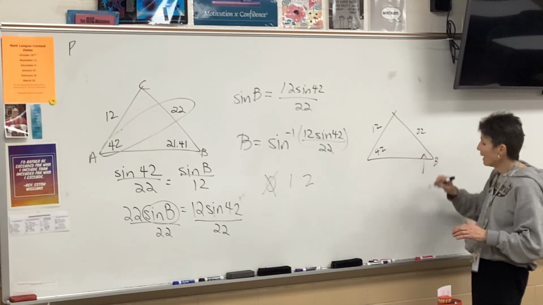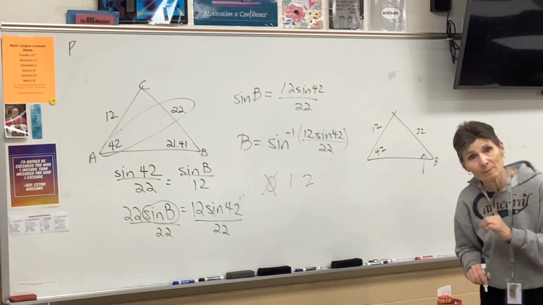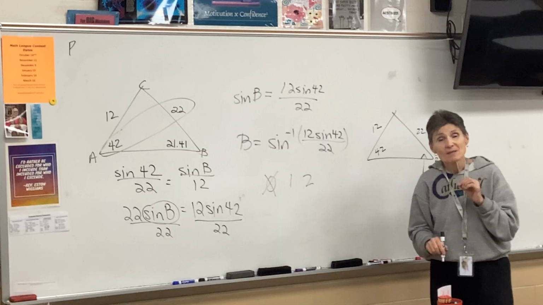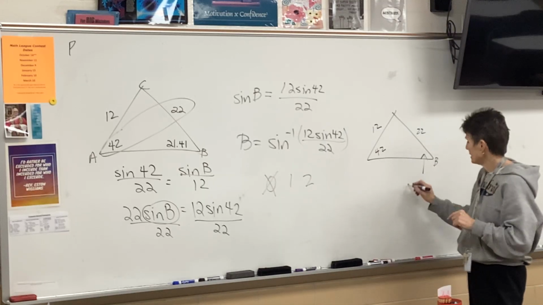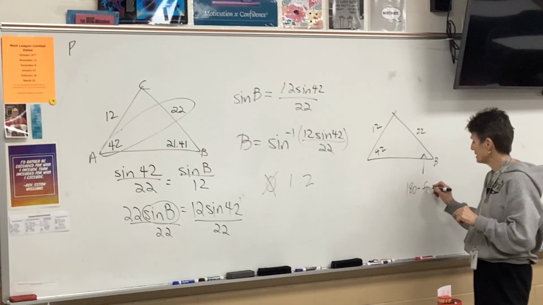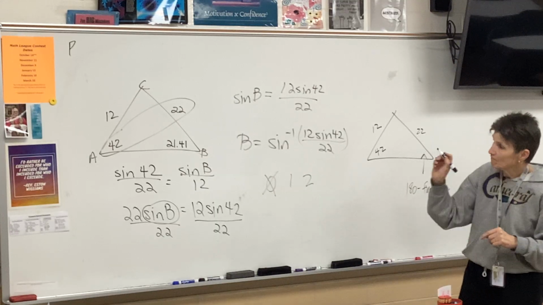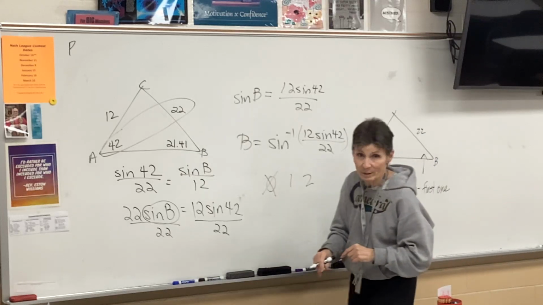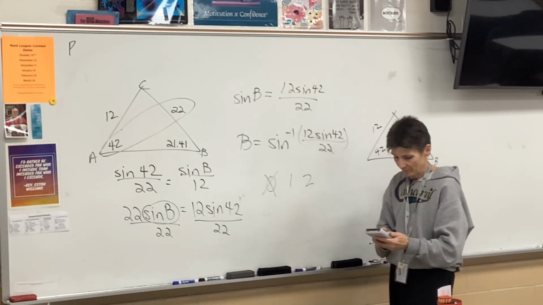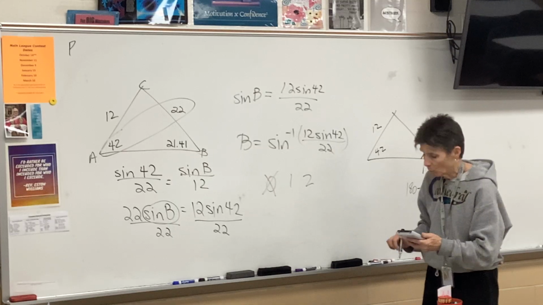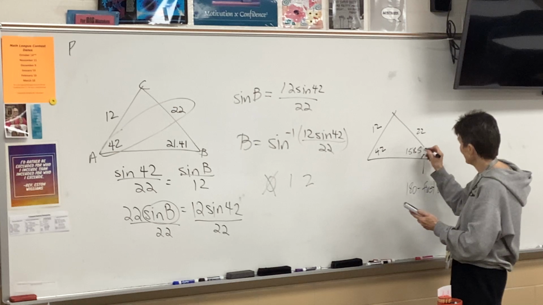And then figure out if there could be a different angle B. If there is a different angle B, it will always be 180 minus the first one. So since the first one was 21.41, the second one would have to be 158.59.